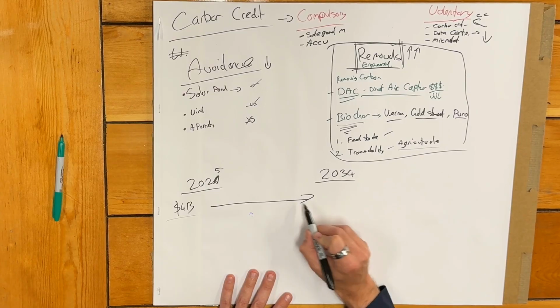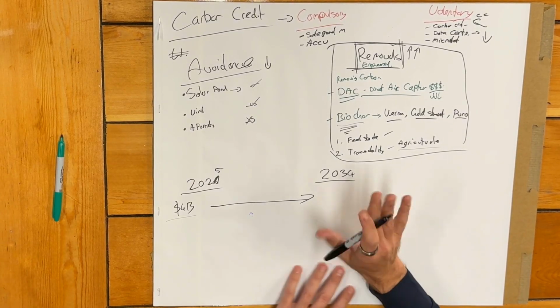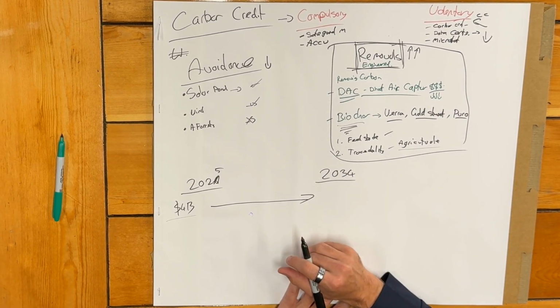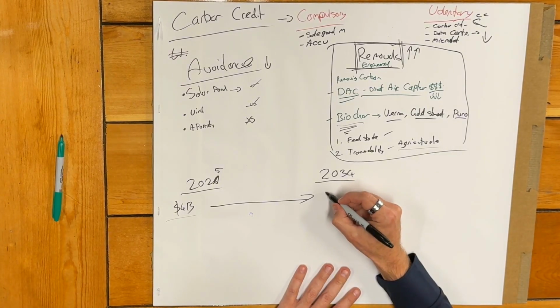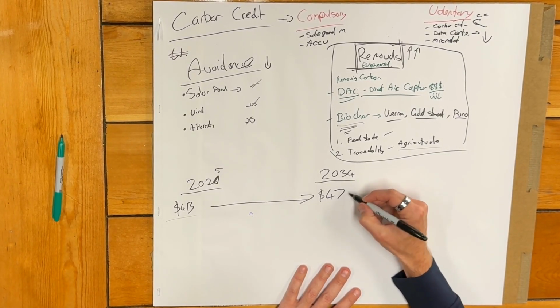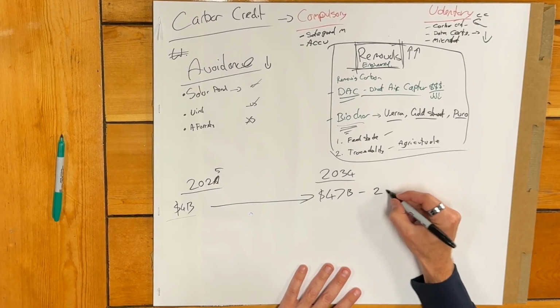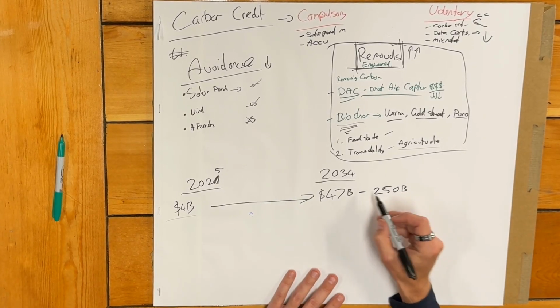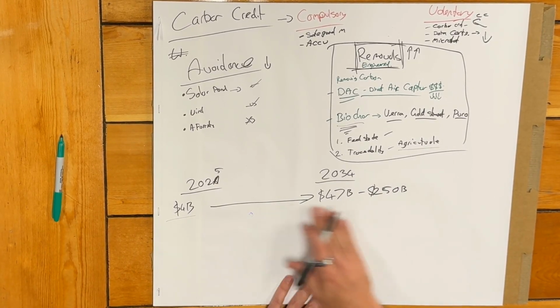Now, the most interesting aspect about this whole thing is, over the next 10 years, again, there are many different studies on this, but we're looking anywhere from 47 billion up to 250 billion. So if you think about this market growth over 10 years, it's absolutely exceptional.